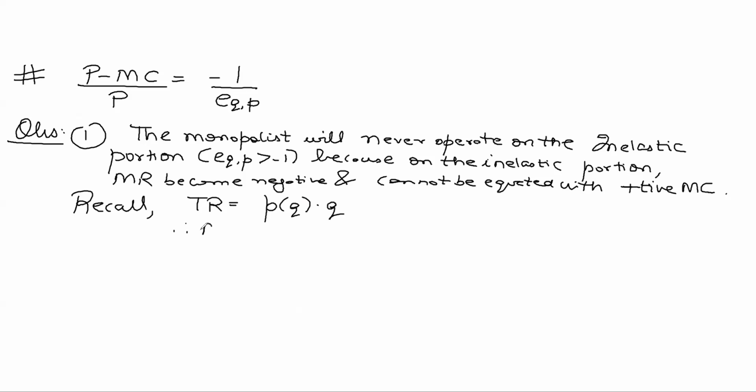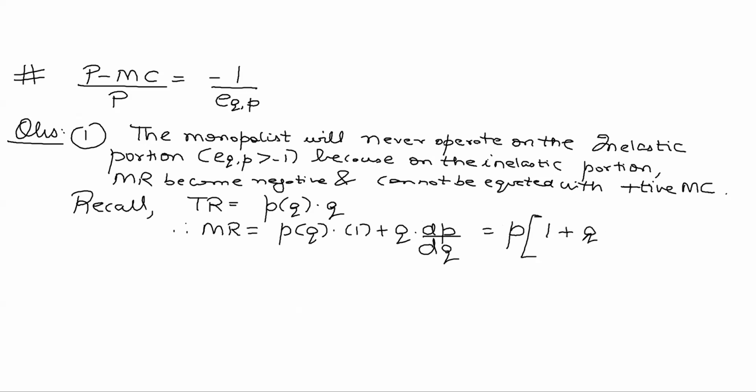So therefore, marginal revenue, if I differentiate using the product rule, I can take P common. So 1 plus Q by P times dP by dQ, which I can write as P times 1 plus 1 upon E.